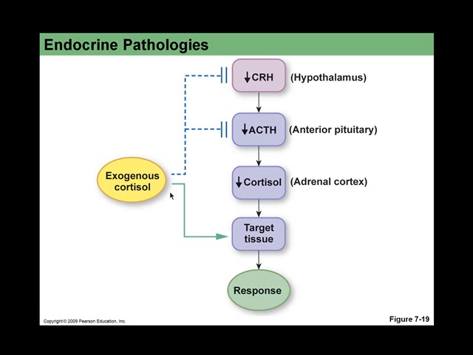So the exogenous, just as we talked about with the exogenous androgenic steroids acting like testosterone, they're going to have a negative feedback at the level of the hypothalamus and the pituitary, decreasing synthesis and secretion of those two. Therefore, the endogenous cortisol levels are going to decrease.